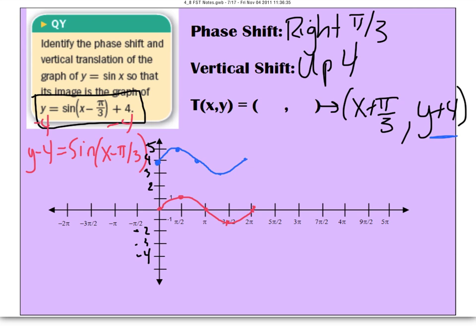Now let's add the phase shift on top of that. I need to move it right pi over 3, so take each pair and move it over about 1/3 of a pi. And when you do that, we're going to get something like the green graph, and we've sketched it.